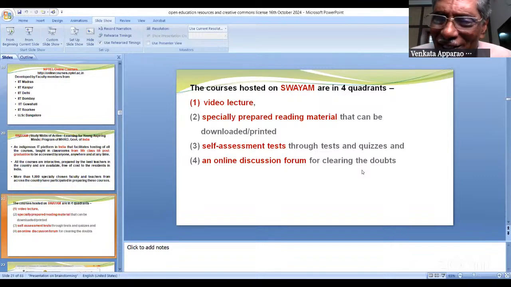My dear friends, please remember one point. You can be user of OER. You can also be the creator of OER. Please remember, note this point. Today or tomorrow, you can be the creator of OER. I started using OERs in 2005.